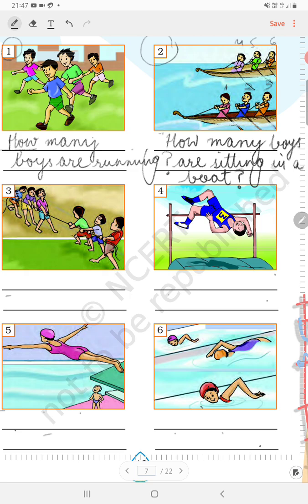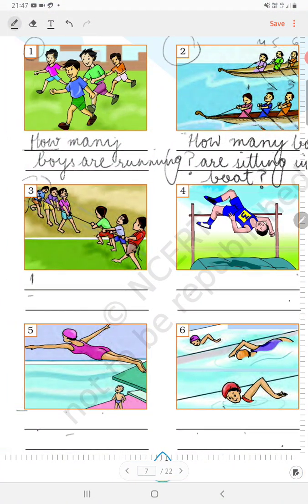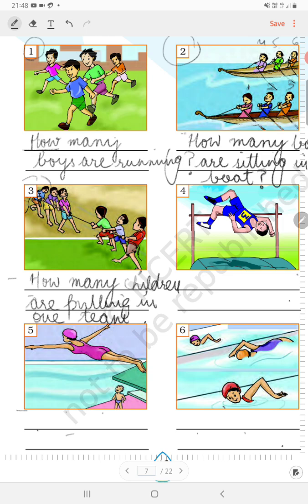Okay. Now next question, third picture. Make a question using this. Using how many? How many children are pulling in one team?